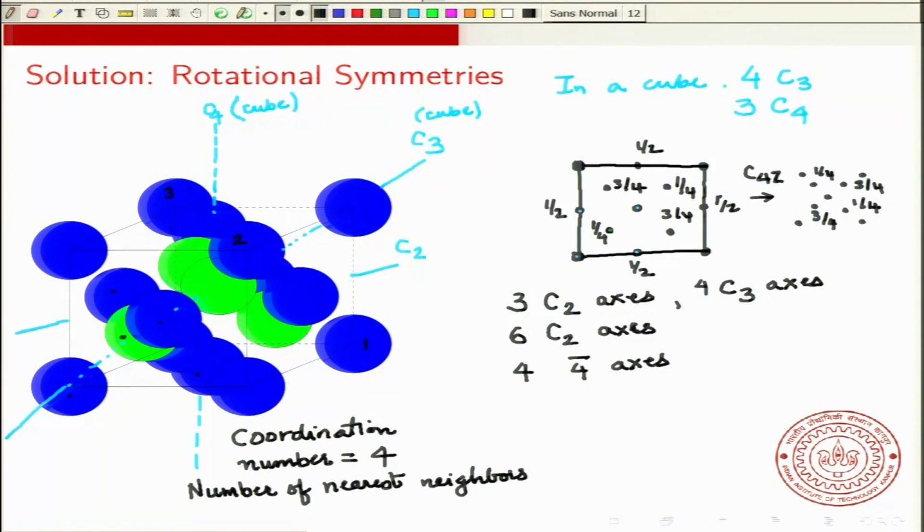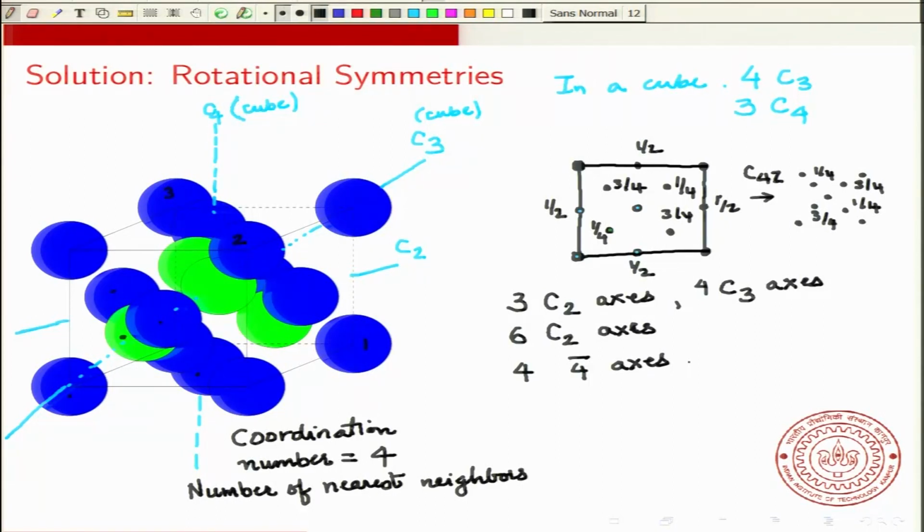If you rotate it by 90 degrees, this point will come somewhere here, then you flip it about the center and it will come on top of this point. You invert it around the center. So this is rotation by 90 degrees followed by inversion about the center.